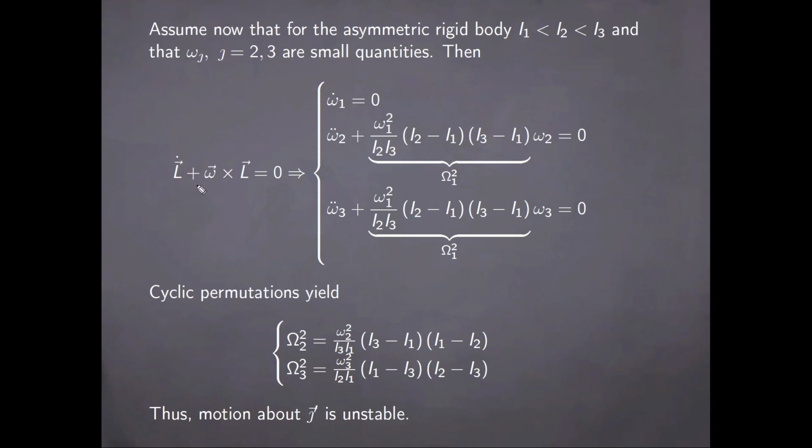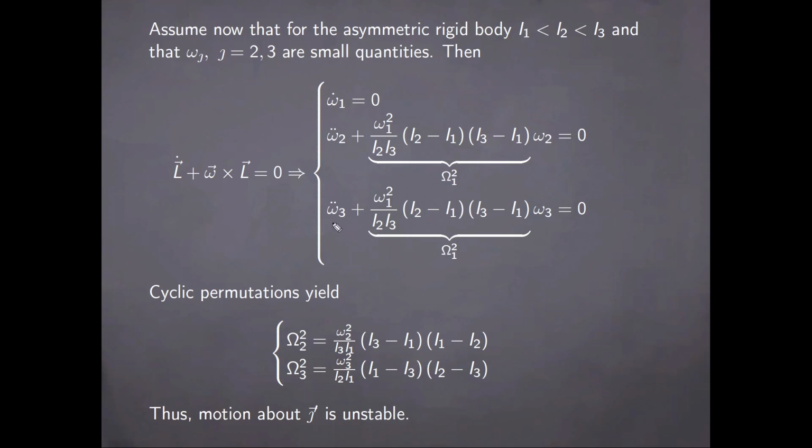In that case, the Euler equations reduce to the form shown here. So we have a constant value for the dominant component, while the other two components will obey the equations for simple harmonic oscillators with the squared frequencies shown here.